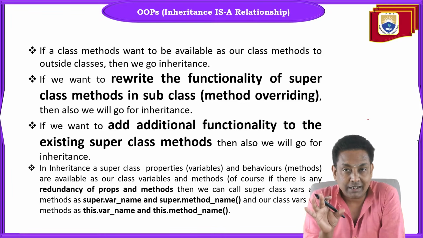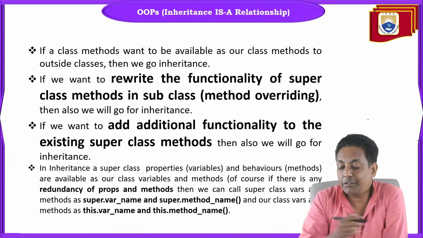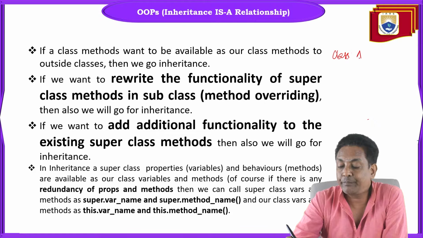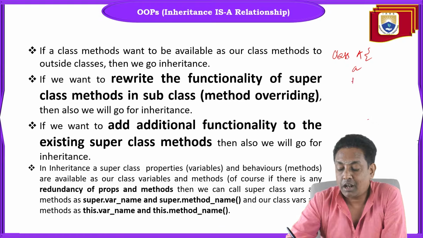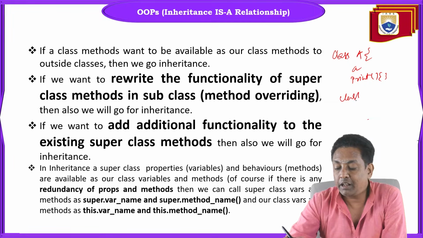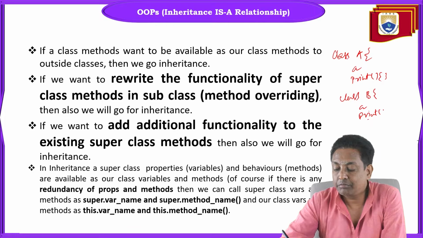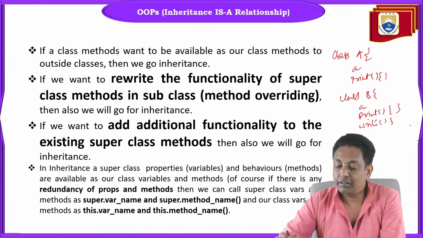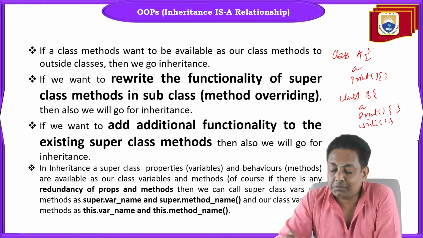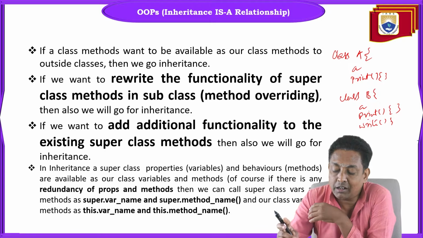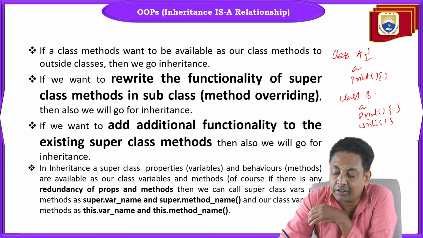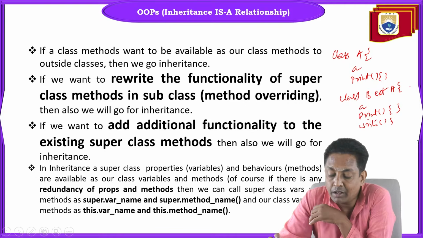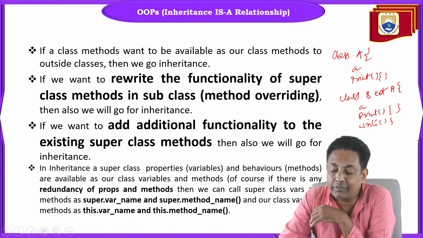Of course, if there is any redundancy of properties or methods, for example, class A is having a variable called A and a method called print, and class B is also having one variable called A and one method called print, and there is one method called write in class B. In this class B, knowingly or unknowingly, we extended from class A. Class A's variable and print method are available.